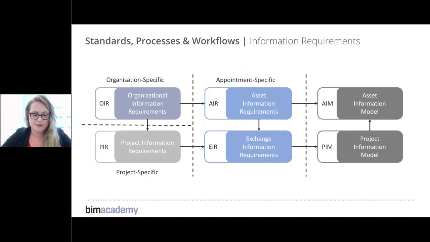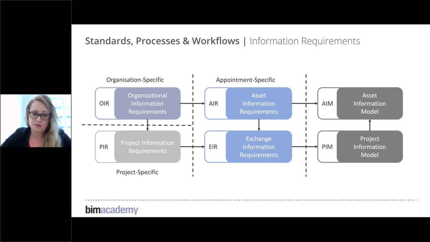And this is at the core of it, and this hasn't really changed, but is still as important as ever: defining the information requirements of the client. So what is it they're exactly after? And these sit at the organisation level, the project level, and the appointment level.